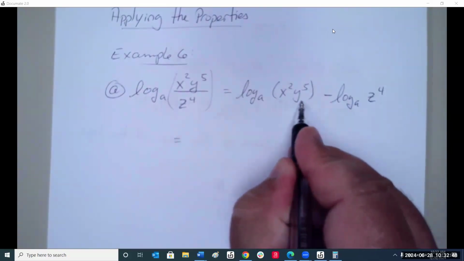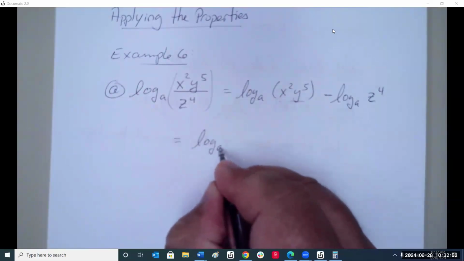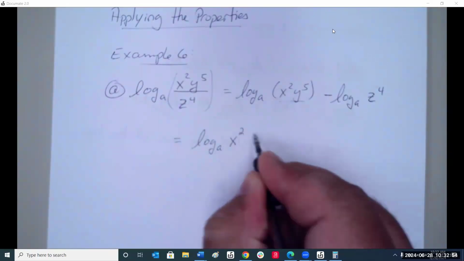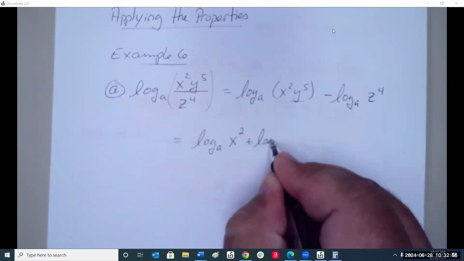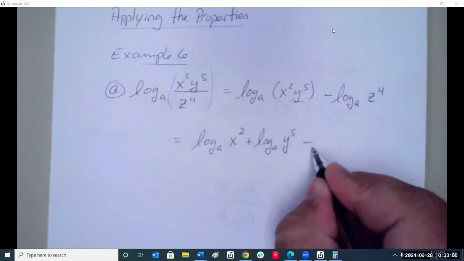Now we see that's a product in this one. So we have log of x squared plus log of y to the fifth.